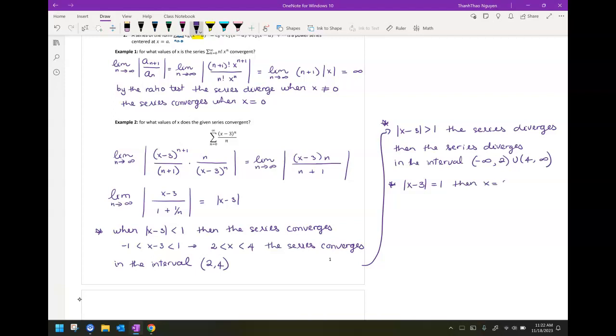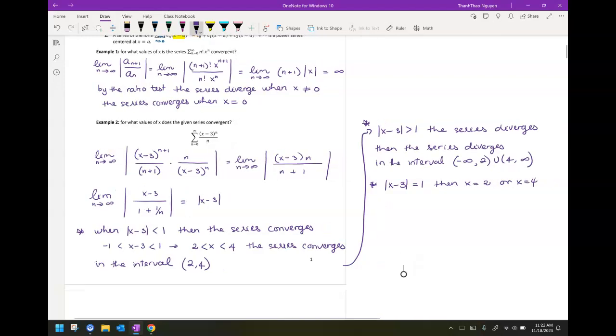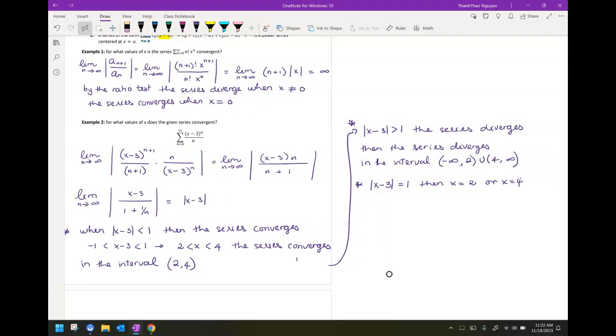Then x equals 2 or x equals 4. So what happens at x equals 2 and what happens at x equals 4? Let's start with 2 first.